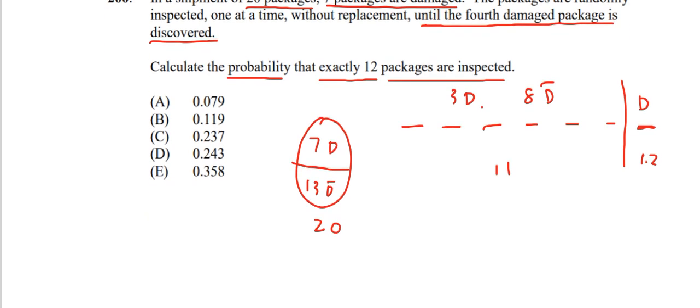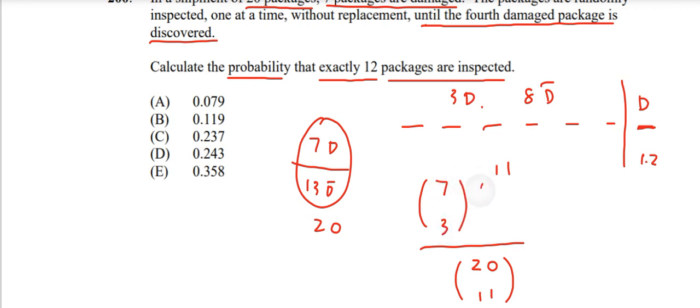So such a probability can be computed like this. In total, from 20 we pick 11. So this is all total possibilities. Then we pick 3 D's from the 7, and from the 13 not damaged, pick 8.